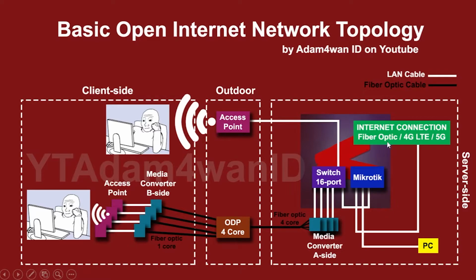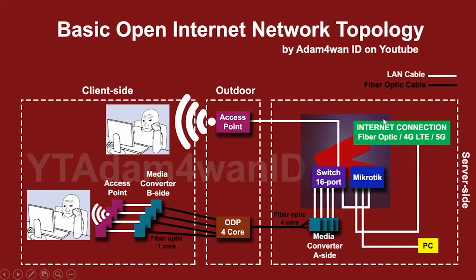In the fiber optic, you can use broadband, fixed broadband, or maybe you can use dedicated lines. It's more advanced than broadband line, but a dedicated line is much more expensive than broadband lines. But also you can use 4G LTE using unlimited connection, or in the next few years you can use 5G connection.